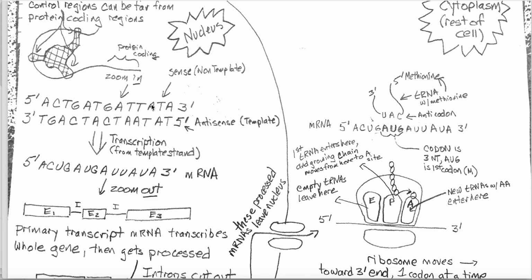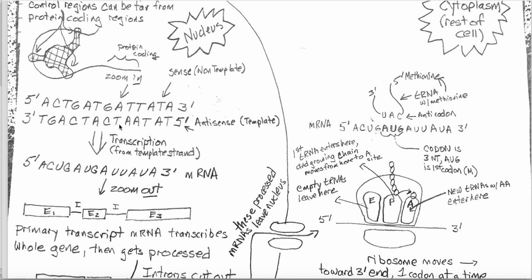And remember, there's a 5' end and a 3' end, and a double-stranded piece of DNA is anti-parallel. If it's 5' on this end, then the other strand has got to be 3' on that same end. And same over here. If it's 3' on this end, then the strand that it's bound to has to be 5'. And you have standard base pairing: A with T and C with G.